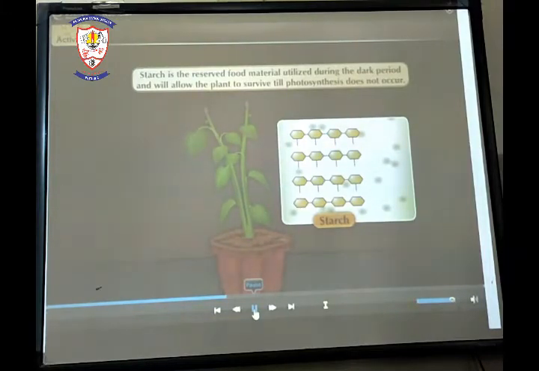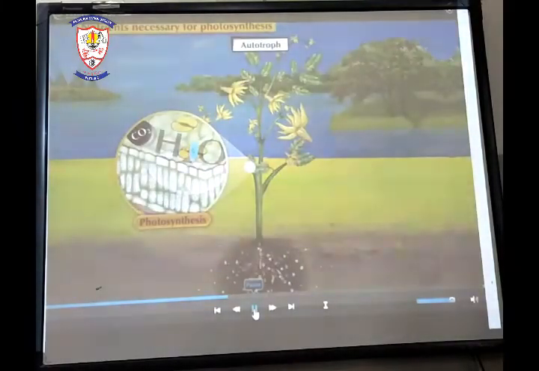Here we are going to understand the nutrients necessary for photosynthesis. So, which nutrients are necessary for this photosynthesis process?